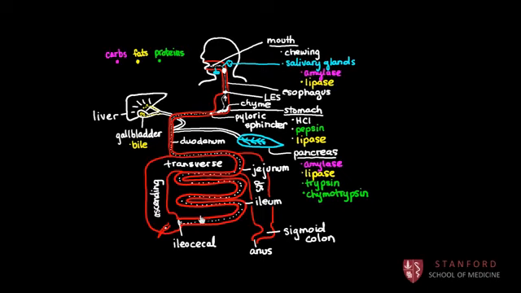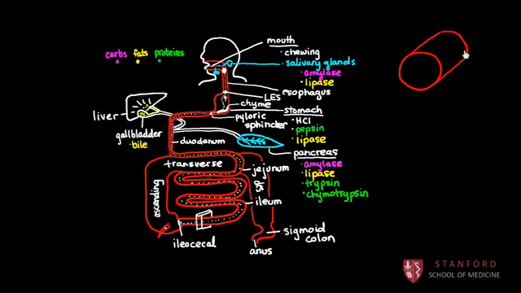Now, I just want you to have a window into what it looks like if we took, let's say, a cross section through this small intestine. Let's say I took a slice like this out of the small intestine. What you would see would be a muscular tube like this. Let's say this is the chunk we've just cut out.